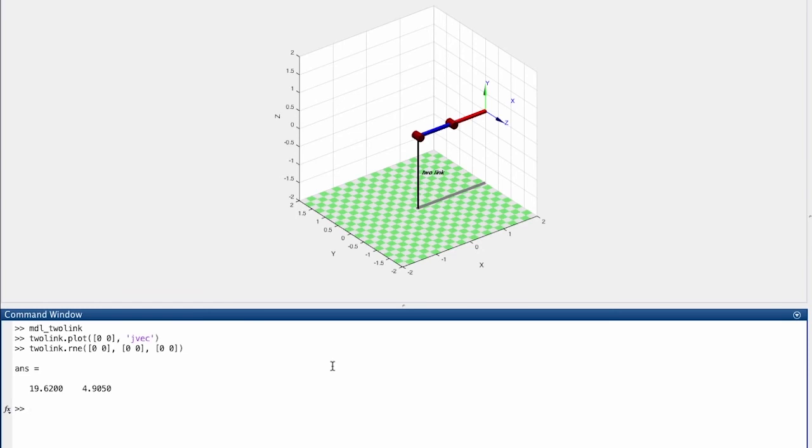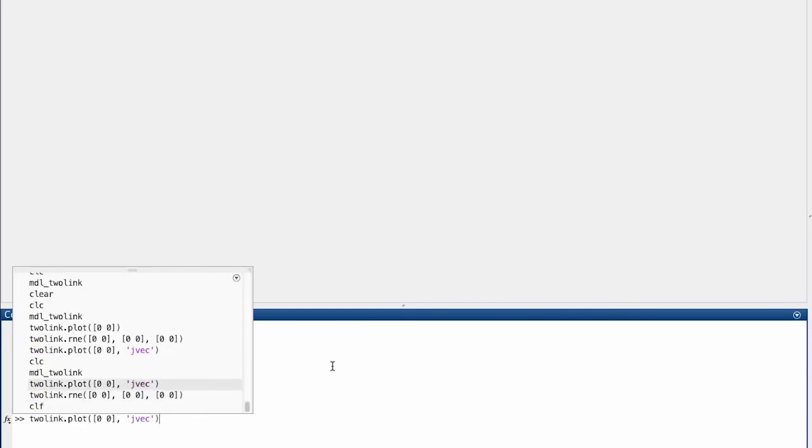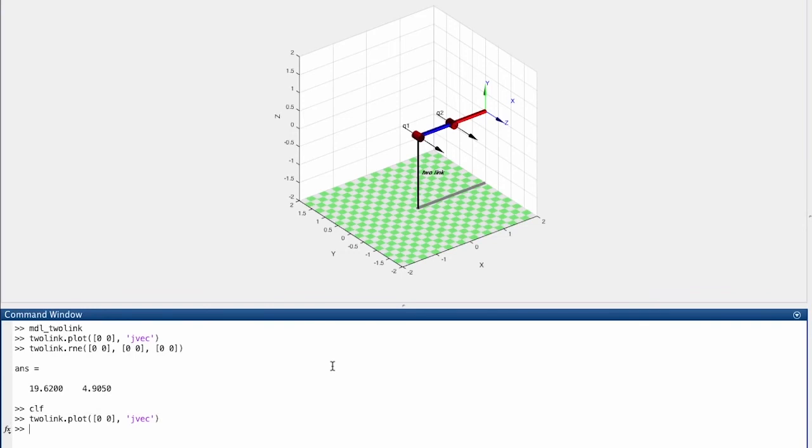What we don't have a handle on are the signs of these two torques. Which way are they acting? A good way to see that is to replot the robot using a different option, which is JVEC. What this shows is the axis of rotation of each joint.